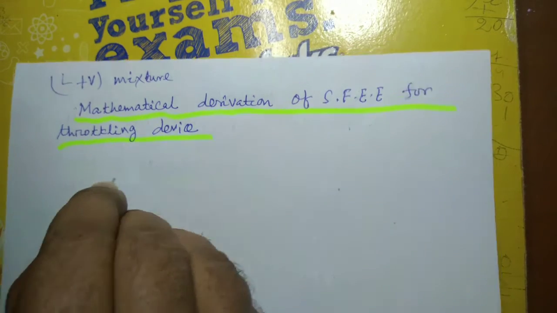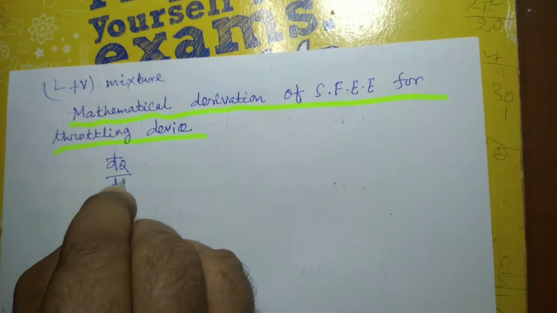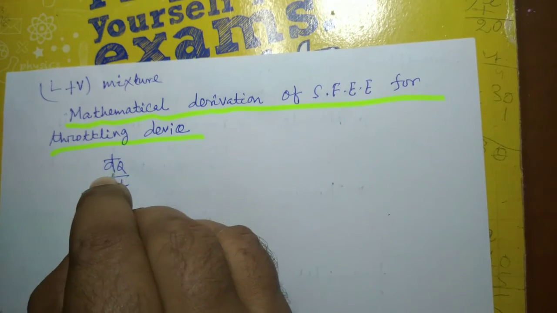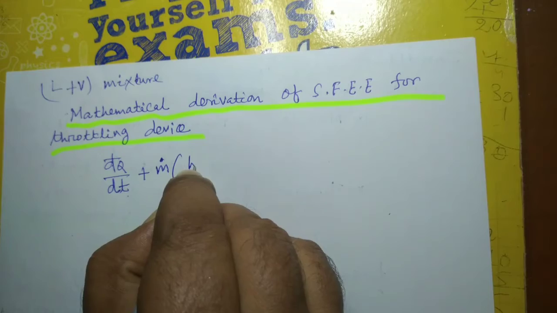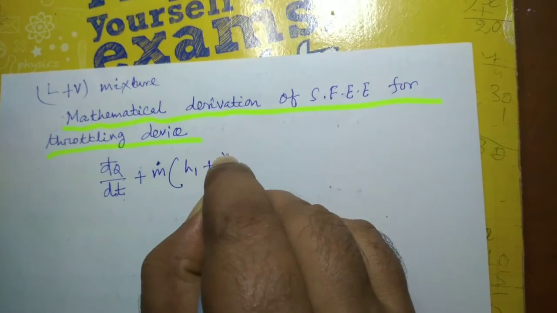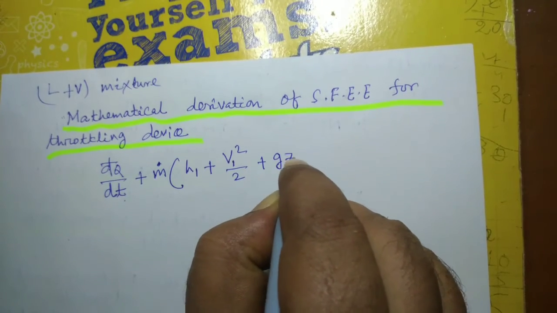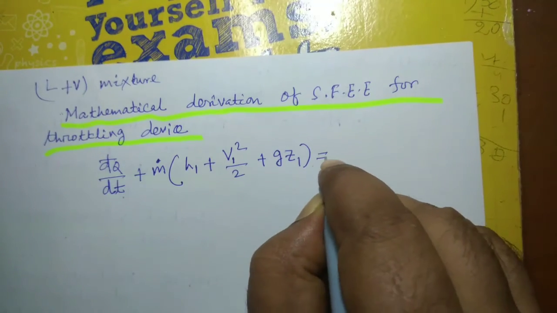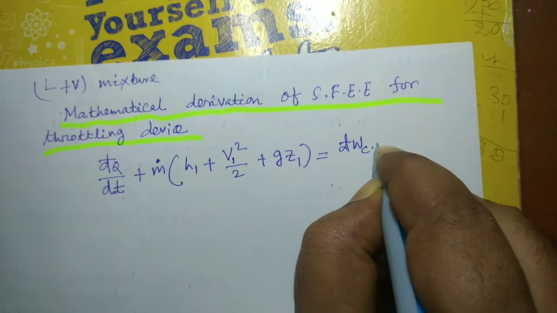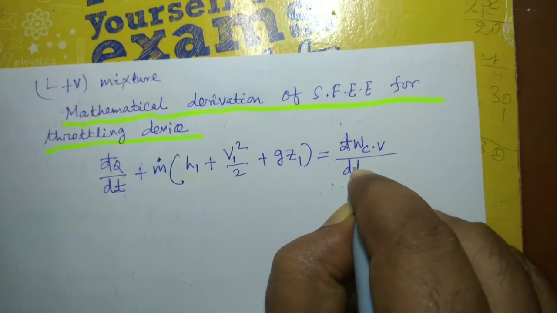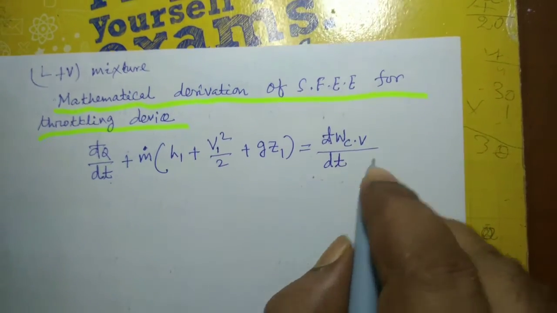We know that in the rate form the steady flow energy equation is dQ/dt, where t refers to time, plus m dot (h1 plus V1 squared by 2 plus g z1) is equal to dW_cv/dt. Here the work is shaft work or electrical work, but there is no boundary work.